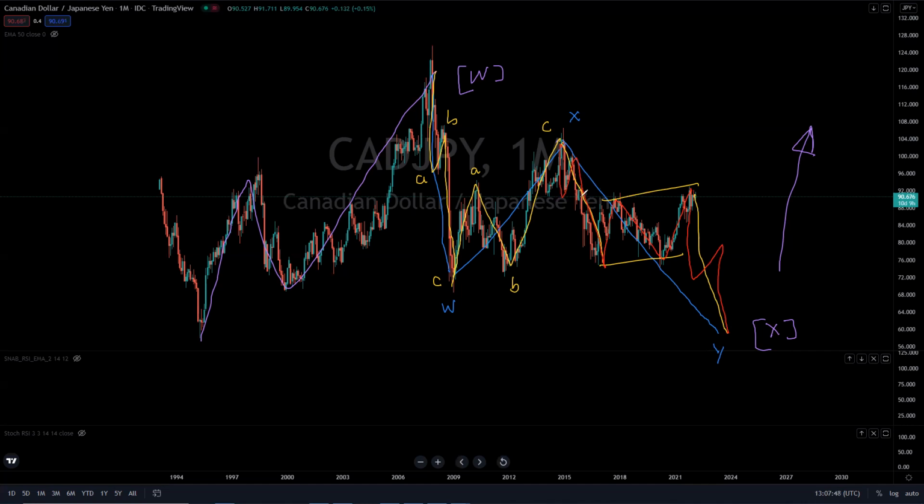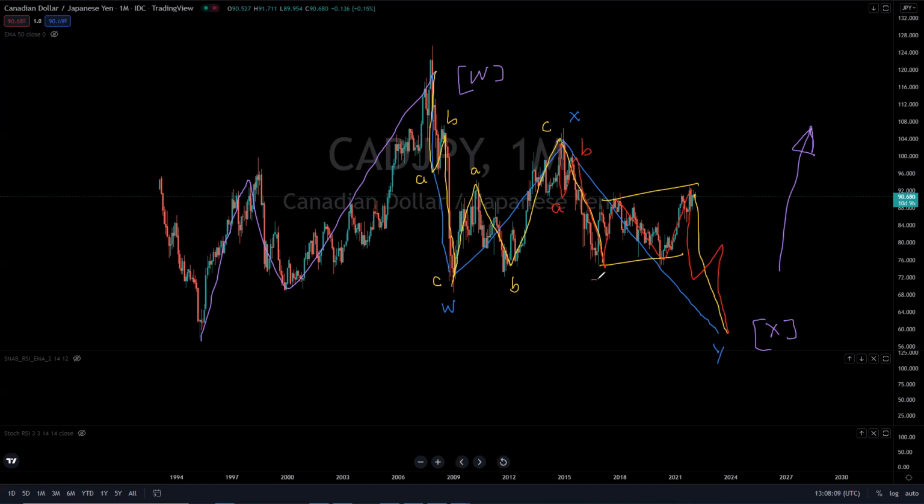So this here, this 1, 2, 3 appears to have been an A, B, C corrective structure, right? And this 1, 2, 3 appears to have been a W, X, Y corrective structure.